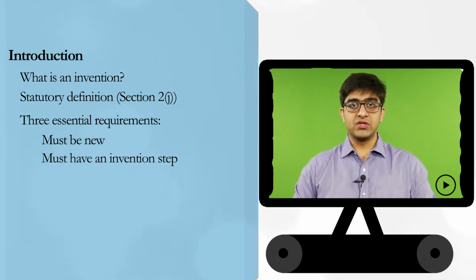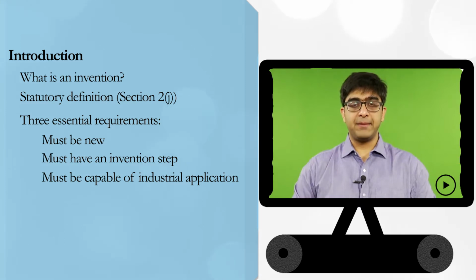In some jurisdictions, this is also called the non-obviousness requirement, that is, the invention must not be obvious. And third, it must be capable of industrial application. These three requirements form the core tests of patentability under patent law.